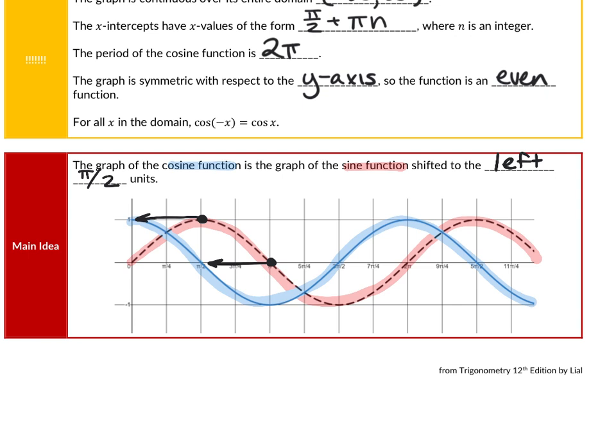And every single important point for sine, if we push it to the left pi over 2 units, you are going to exactly find the same value for cosine. Can't really see that one because it's off screen, but that just means for us that these two functions are related to each other just by a horizontal transformation. Shifting it to the left a little can make a sine function into a cosine function, which is really interesting.